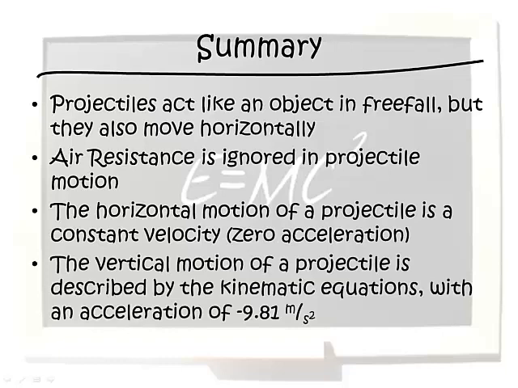The vertical motion does have acceleration. That's the acceleration due to gravity, which here on Earth is negative 9.81 meters per second squared, and we can use the normal kinematic equations to figure out the vertical motion of the projectile. That's it for today.